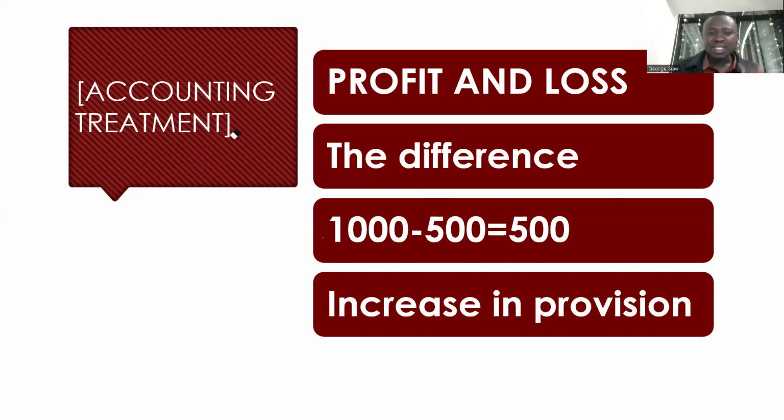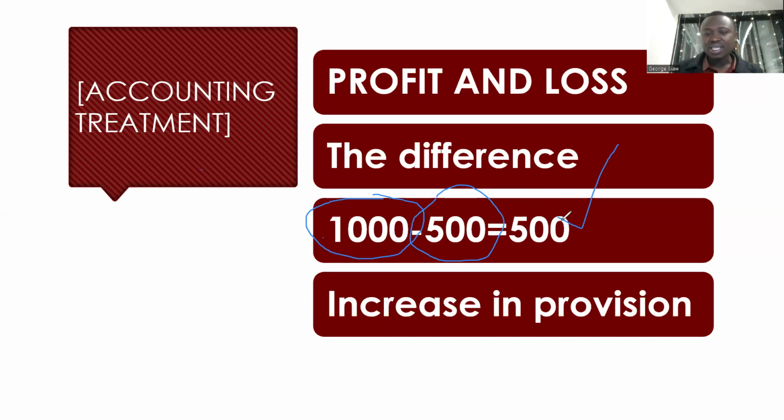Okay, so let's look at the accounting treatment. The accounting treatment here is that when we calculate the provision, it's always the difference that goes to the P&L. The difference goes to the P&L. Okay, so what is the difference? It is the 1,000 provision that we made this year compared to the previous year's provision, giving us a difference of 500. This 500 here is the difference, and not the previous year's provision.